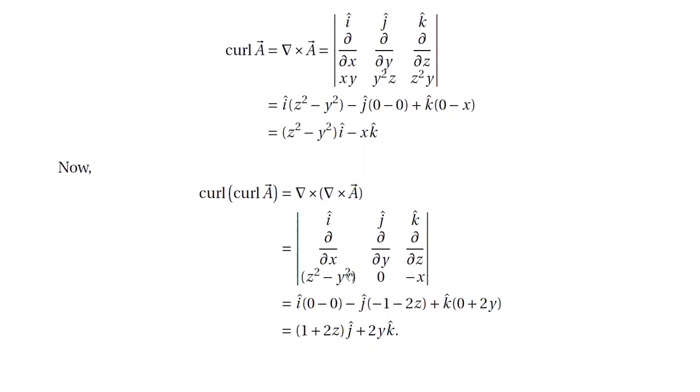Then dou by dou z of z square minus y square will be 2z, plus k into, leaving the third column and the top row, dou by dou x of 0 is 0, minus dou by dou y of z square minus y square will give you minus 2y. So minus of minus 2y becomes plus 2y. So from here you get 0, here you get plus 1 plus 2z, so you get 1 plus 2z j, here you get plus 2y k.